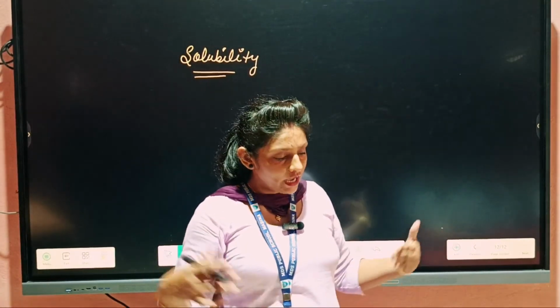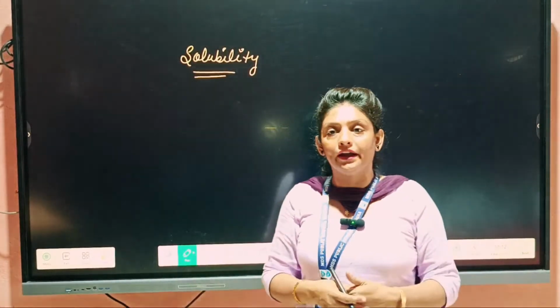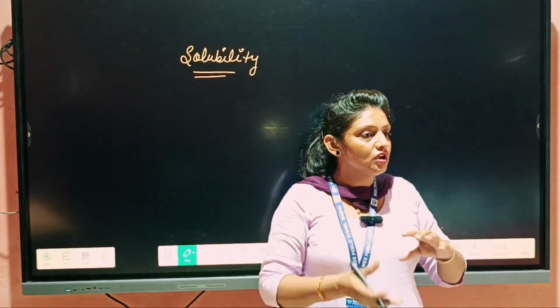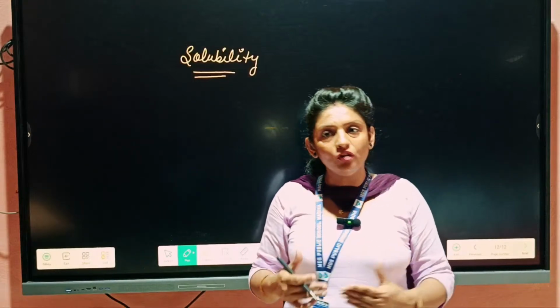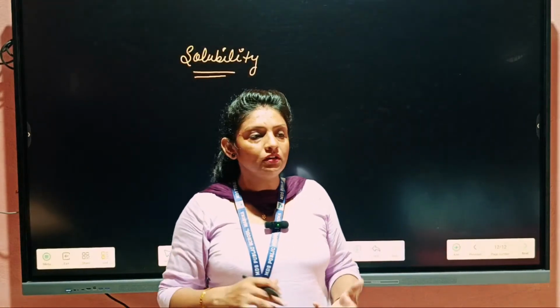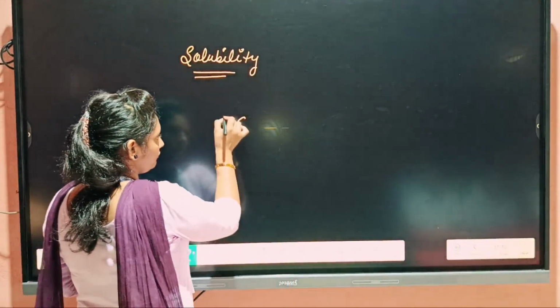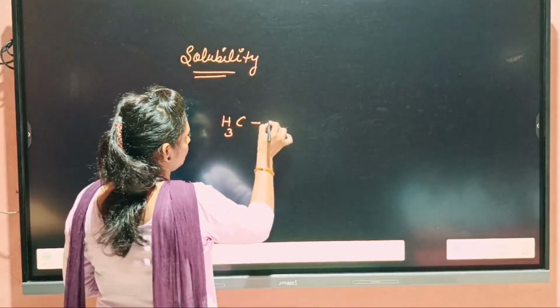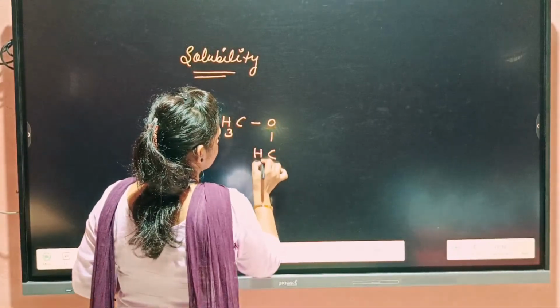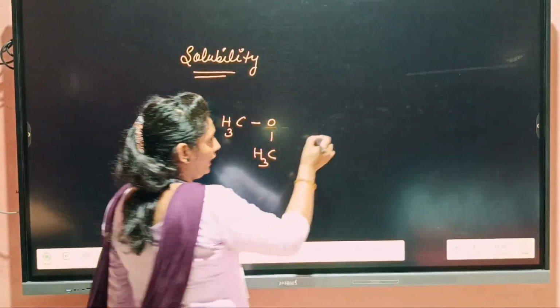Why? Because they are not forming intermolecular hydrogen bonding with molecules of themselves, but they form hydrogen bonding with the molecules of water. You can see, if we have CH3, O, CH3, this is ether, and alcohol, ROH.